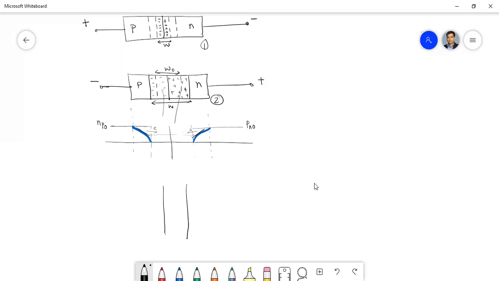So along this space charge region, there is an increase in minority carriers. Okay, so I should draw it in blue, that will be better. Okay, so let me draw like this.